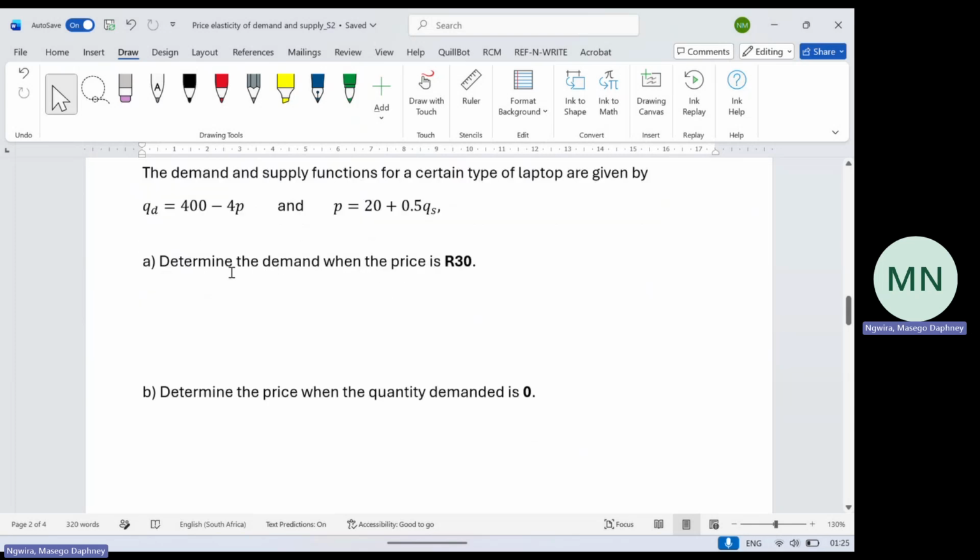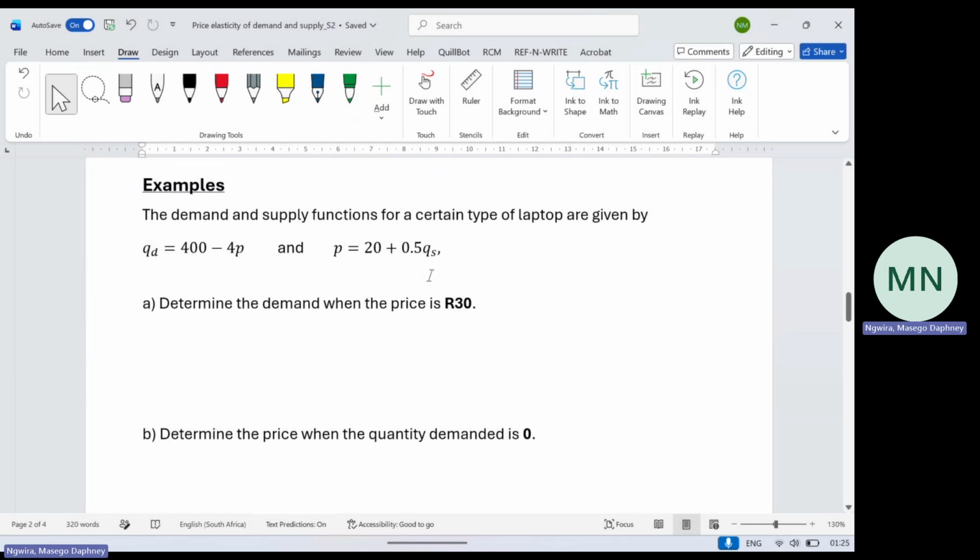All right, so it says here, determine the demand when the price is 30 rand. So it means that when my P is 30, they want us to calculate the demand. We know that our function for demand is QD equals 400 minus 4P.